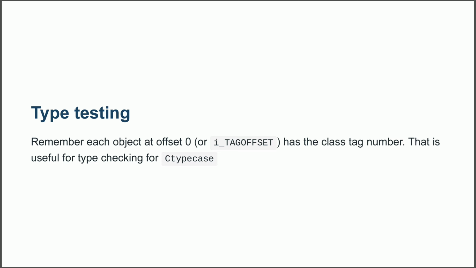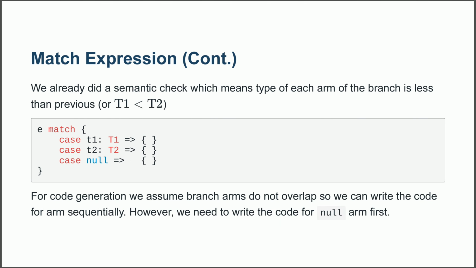So what you need to do is to see if the expression is, for example, of type T1. You need to get the type of the expression from offset 0, and then check if the type of the expression is at least T1.